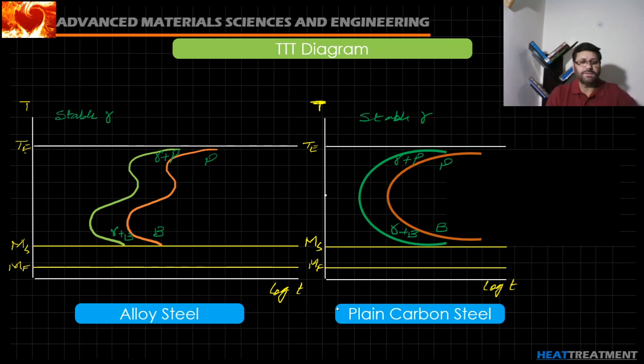Now the second significant effect is that these C curves are moved towards the right side, or to the higher time side. So this is the time lag for the case of plain carbon steel, and here this is the time lag for the bainite, and this is for the pearlite.